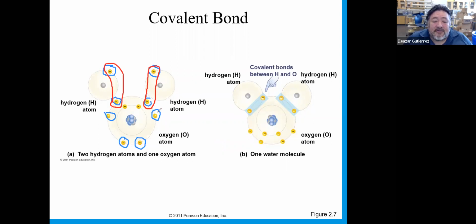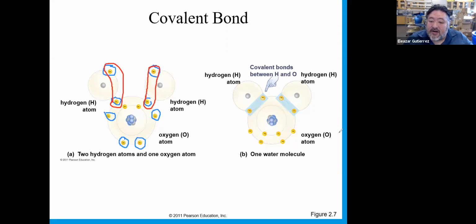So now this oxygen feels like it has 1, 2, 3, 4, 5, 6, 7, 8 valence electrons. It's happy. And the hydrogen feels like it has 1, 2, 1, 2. It is happy too. What have we done? We have just done a sharing of electrons. This is the definition of a covalent bond.